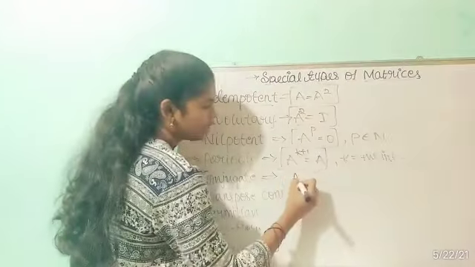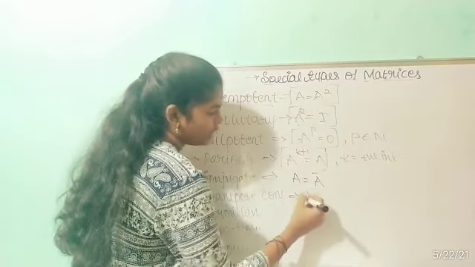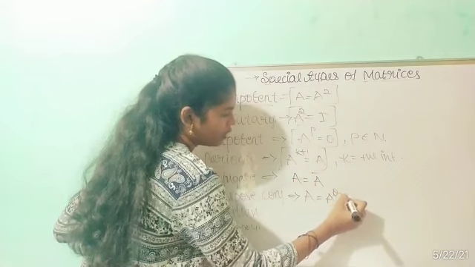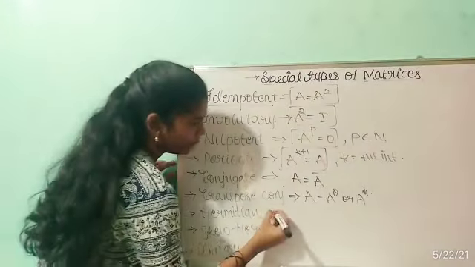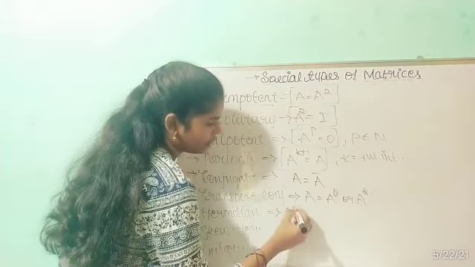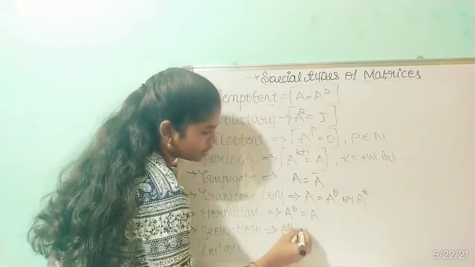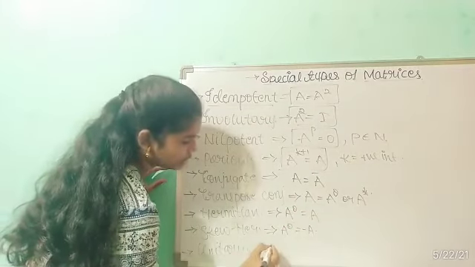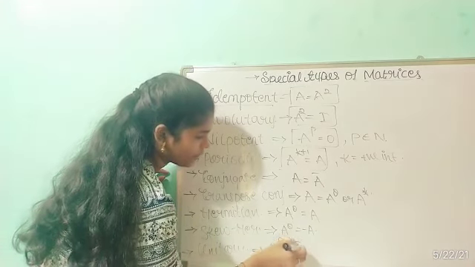Conjugate: A is equal to A bar. And transpose conjugate: A is equal to A power theta or A power star. And Hermitian: A bar theta is equal to A, and Skew Hermitian: A bar theta is equal to minus A. And coming to unitary, it's A into A bar theta is equal to I.